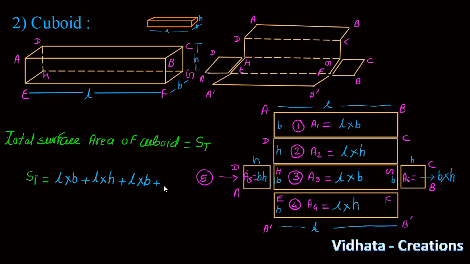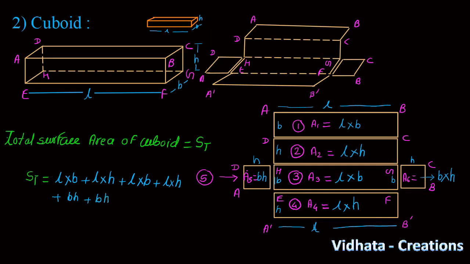Area number 4 is L into H. What about area number 5? I will write plus B multiplied by H, and again this right-hand side, that is B multiplied by H.